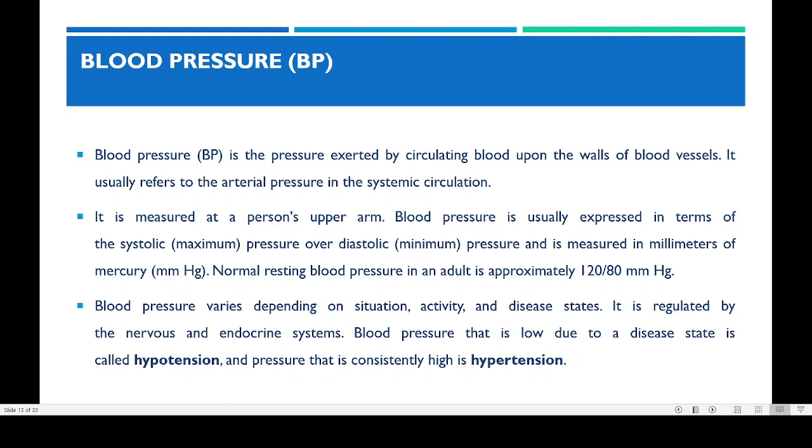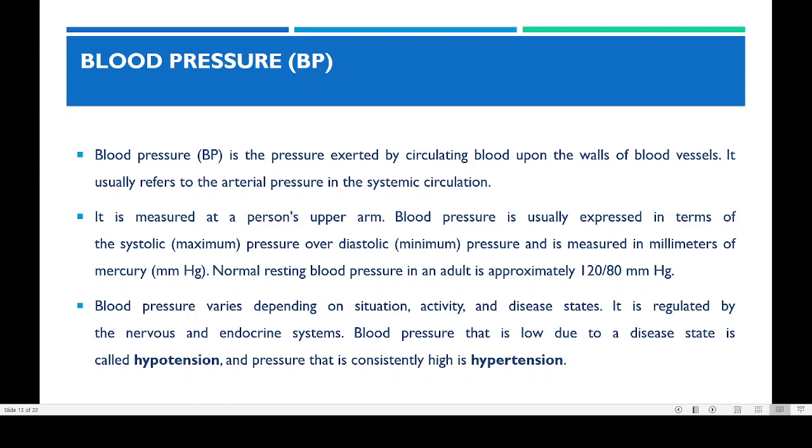The contraction of the upper as well as the lower part together is known as systole. Similarly, there is a relaxation, and that relaxation is known by the name diastole.